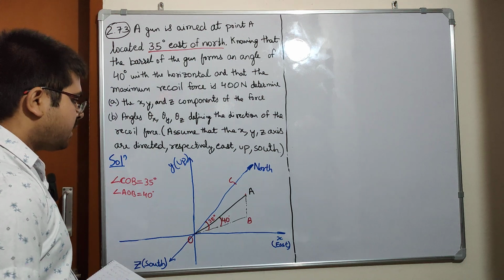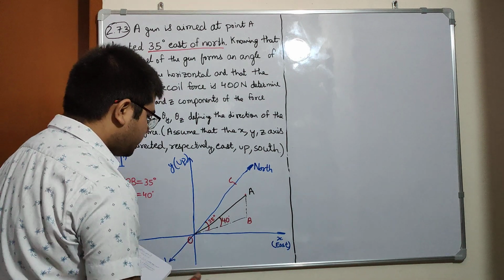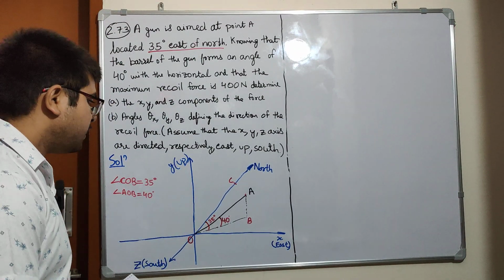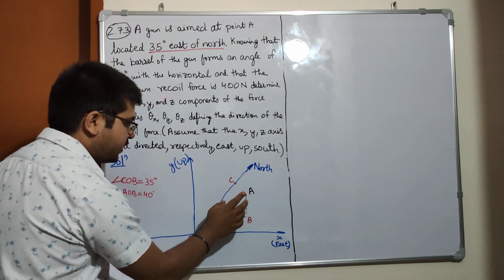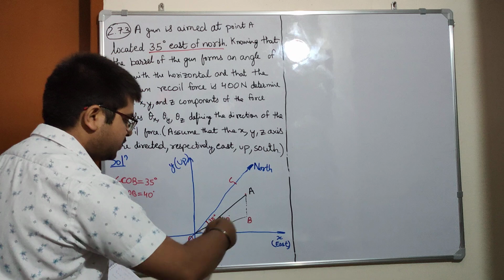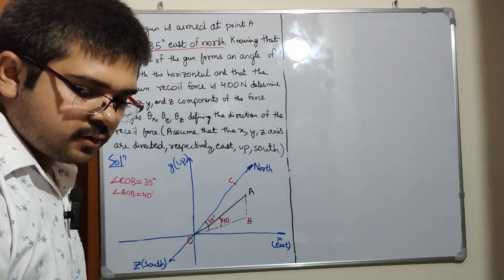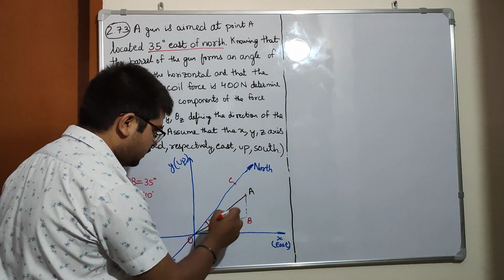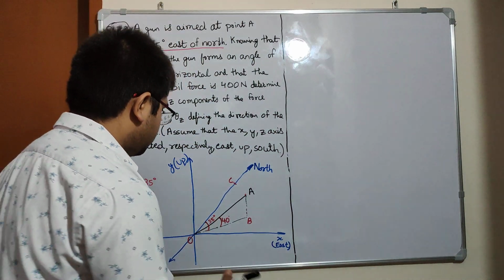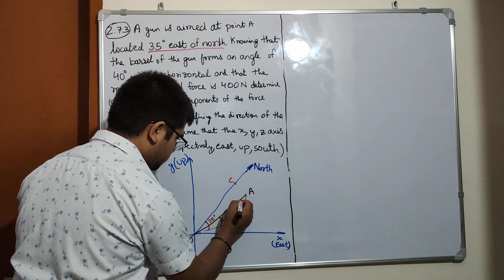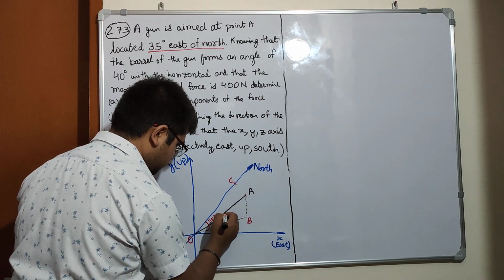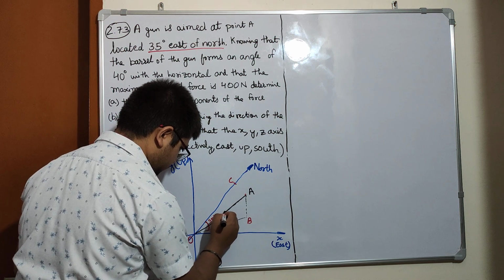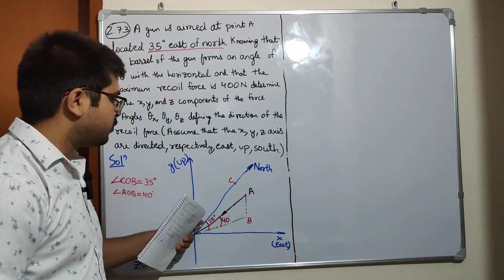So first and foremost, I'll resolve this force F. This force F is the recoil force. If the gun is pointing this way, then the recoil force will be in the opposite direction, this way. So I'll make an arrow here. I hope you can see the force here.